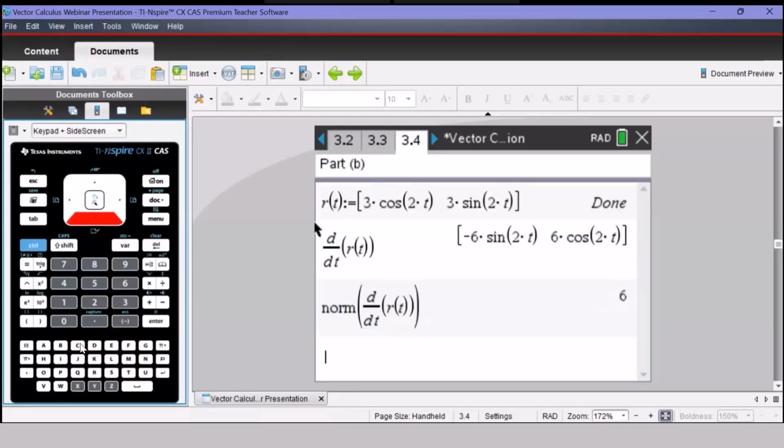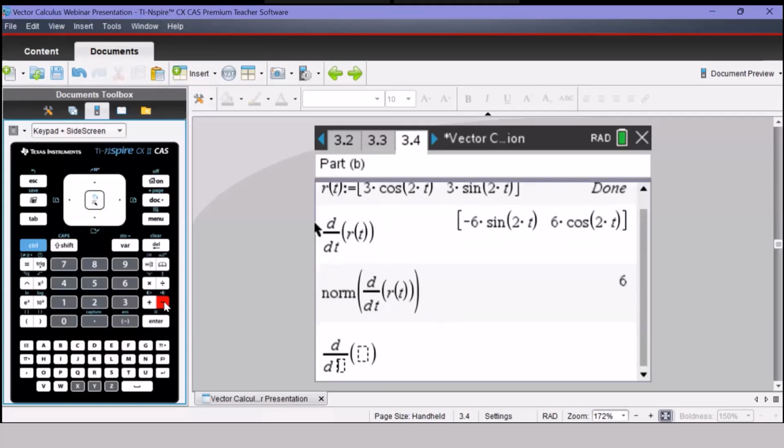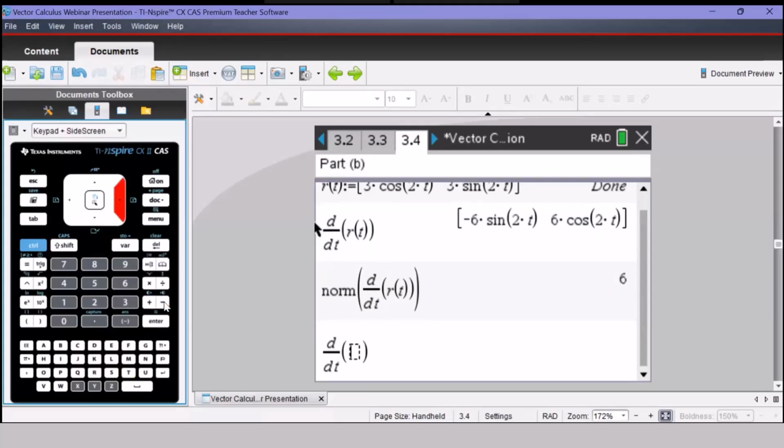It's already up there, so I can just get rid of what I just typed in. The next entry line, now if you're not familiar with the shortcuts, there is a shortcut for the derivative. If you press Shift minus, that brings up the derivative template, and then you can just put in dt there and then r(t).